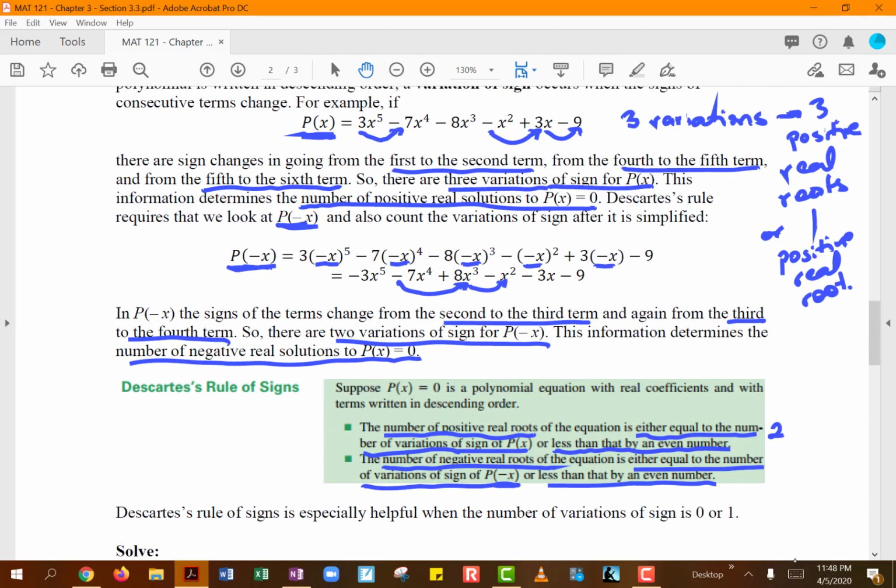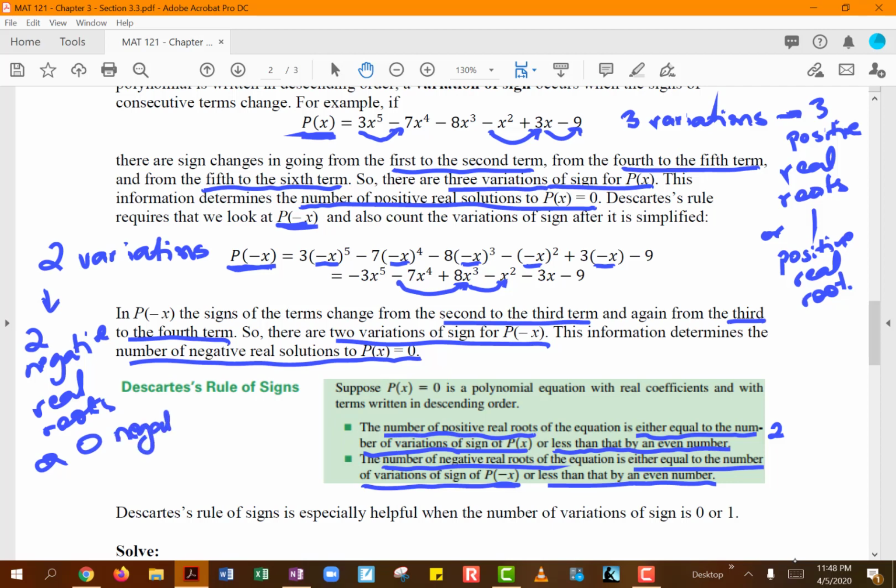This p of negative x gave us 2 variations, which means you can have 2 negative real roots, or if I reduce 2 minus 2, I can have 0 negative real roots.